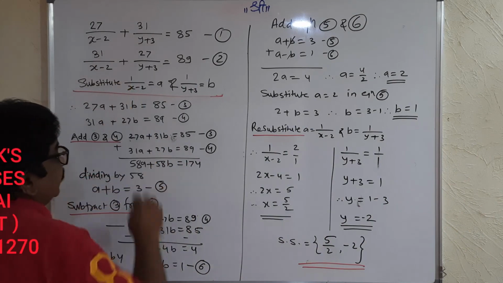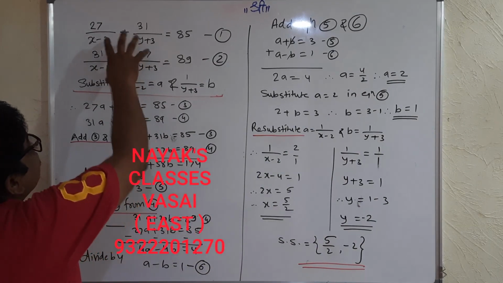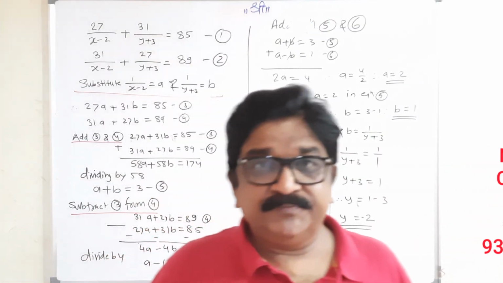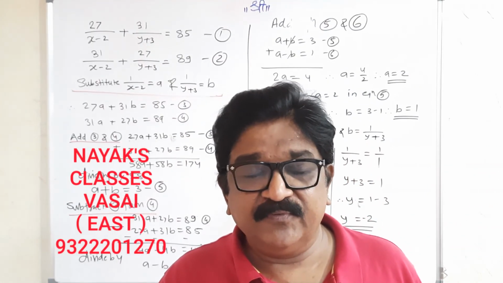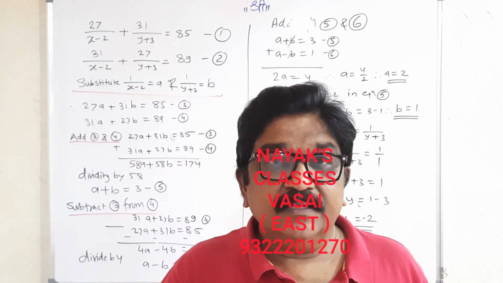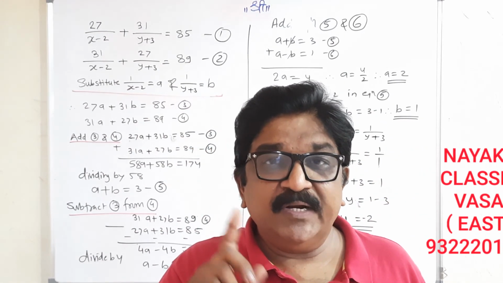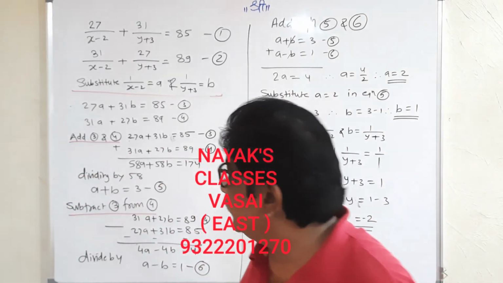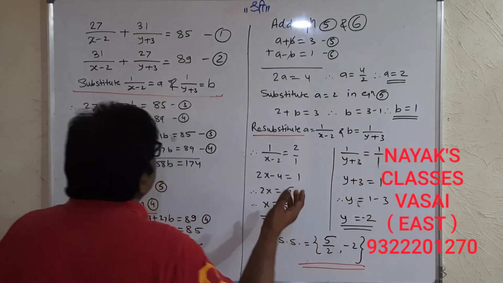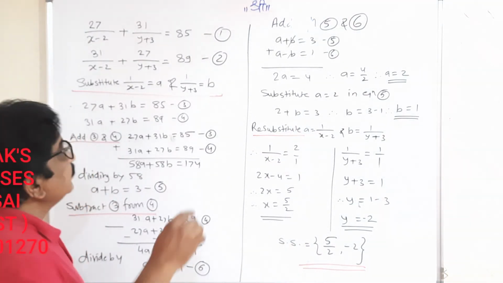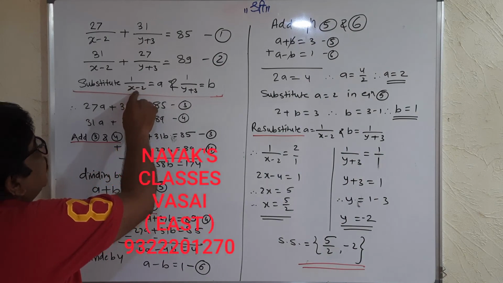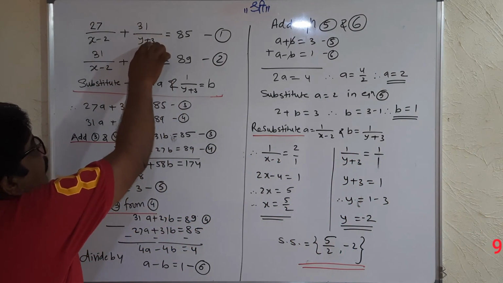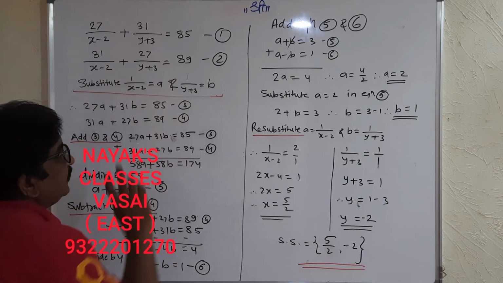So when you see this type of equations, the coefficients are exchanged. For this type we have to use a method called one-time addition and one-time subtraction. What is it? See, first we have to substitute 1 upon x minus 2 is equal to a, and 1 upon y plus 3 is equal to b.